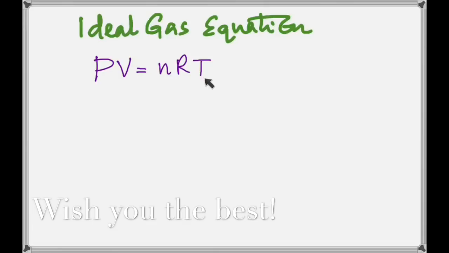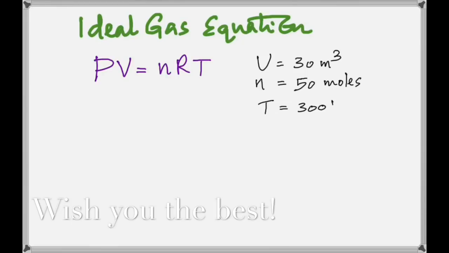Oh my, I found a couple still using Celsius on the exam. T must be in Kelvin. Okay, so now you know all those. So for example, if the volume is 30 meter cube and there is 50 moles of a gas at 300 Kelvin, find the pressure. Go.